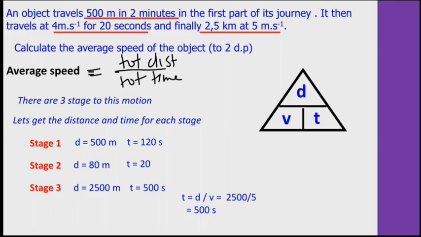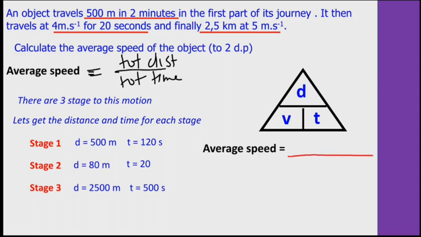So now we can calculate the average speed. How are we going to calculate the average speed? Well, we're going to add the distance values and we're going to divide by the total time. So we've got 500 plus 80 plus 2,500 all over 120 plus 20 plus 500.